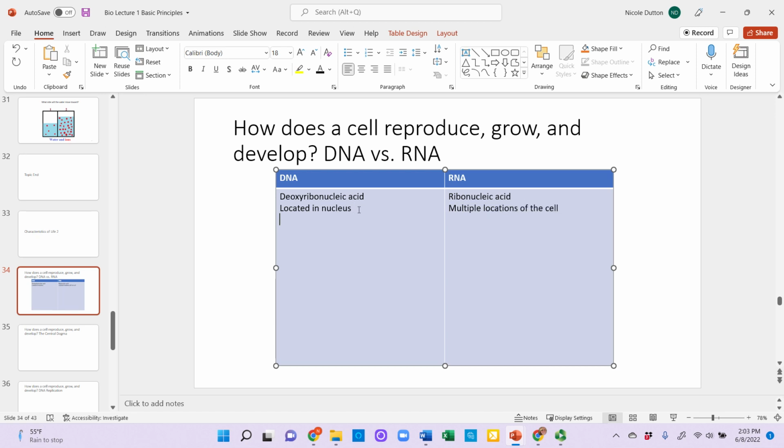DNA stores all of the instructions for making an individual, while RNA is primarily responsible for protein production.